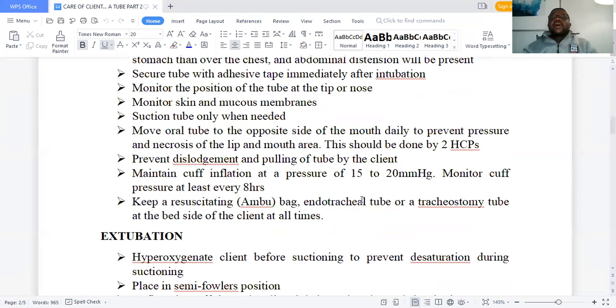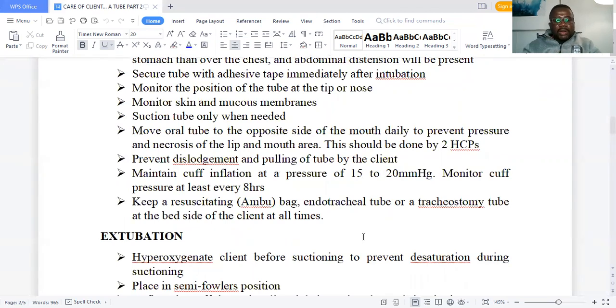Okay. Now you have to keep the ambo bag, the endotracheal tube, and all necessary materials needed for the care of this client at the bedside, because at any time anything can happen. Maybe dislodgement. This action is an emergency. Care has to be taken very seriously. You have to attend to the patient immediately.